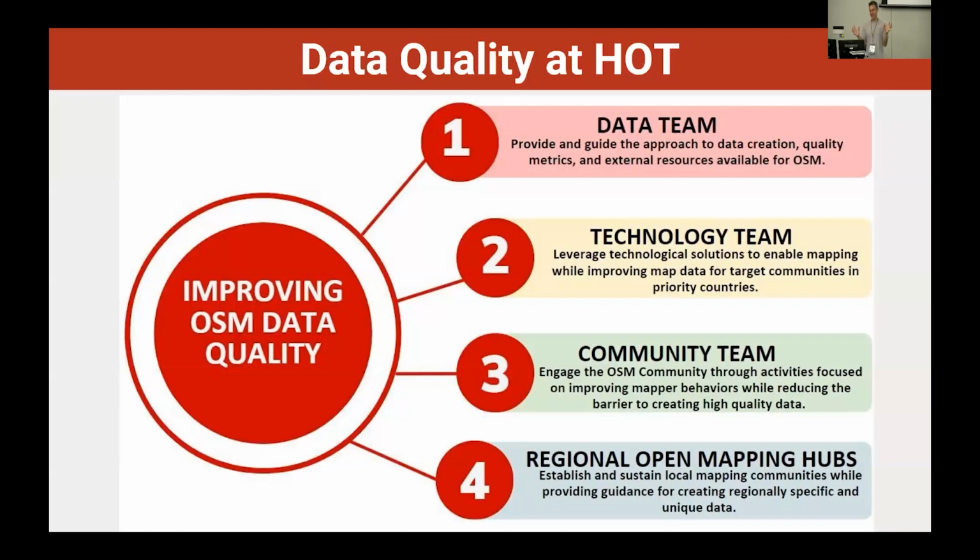They're more focused on creating map data that's regionally specific to those areas. One comprehensive data quality strategy is not necessarily going to be applicable across all of the organization, so those teams are taking the draft data quality report and modifying it, tailoring it to their specific needs.